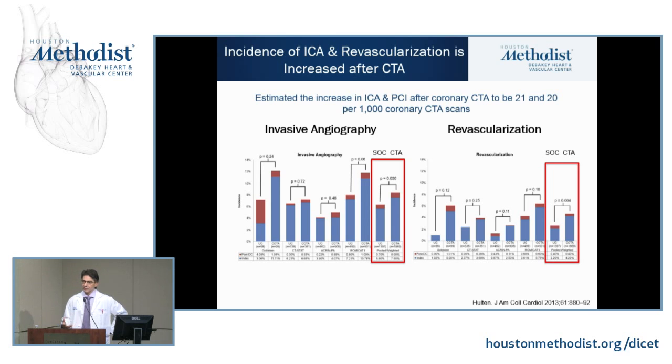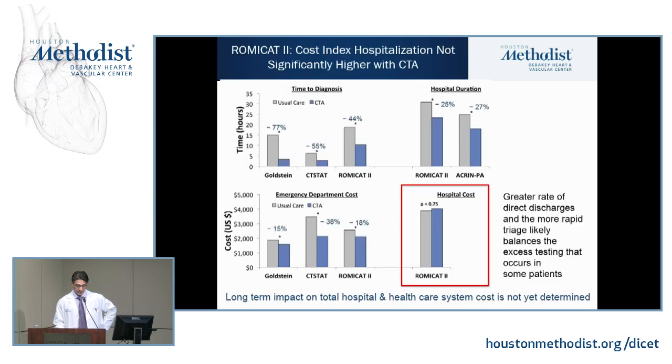This can lead to an increased use of invasive coronary angiography, because this was pre-FFR, CT-FFR days, so if you were seeing moderate lesions, they may go on to the cath lab for further assessment. And they also noted a trend that compared to the standard of care arm, it was leading to increased revascularization.